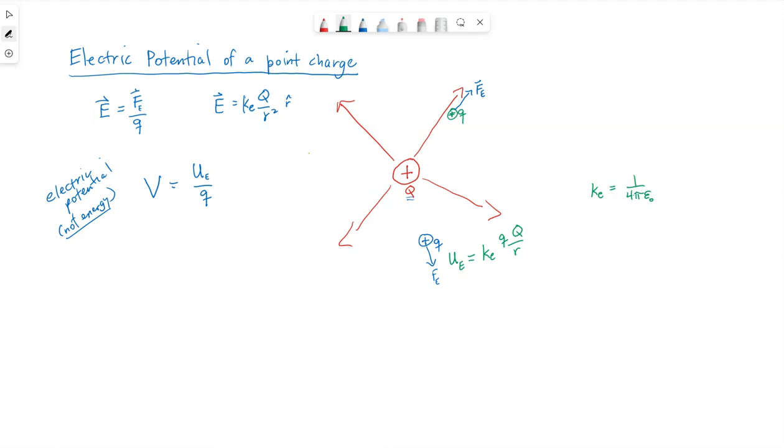Lowercase q and capital Q are these two charges that are repelling each other in this case because they're similarly charged in terms of signs. And R is this distance, just that straight line distance between the two of them.